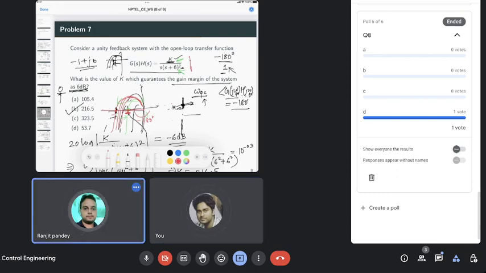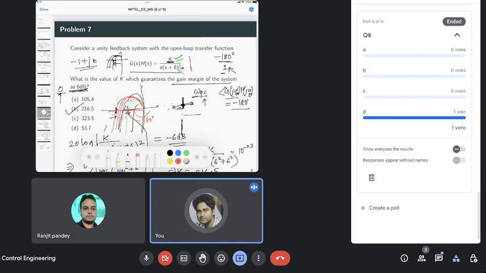Yes. When your phase angle is 180 degree, you don't want your gain to be 1. You want your gain to be less than 1. So when your system has a phase angle of 180 degree, you call it the phase crossover frequency, because it is passing through -180 degree. So at your phase crossover frequency, you want your gain to be less than 1, right?